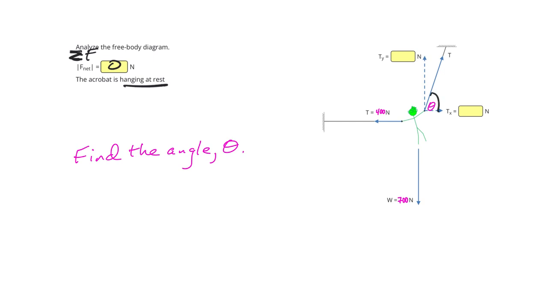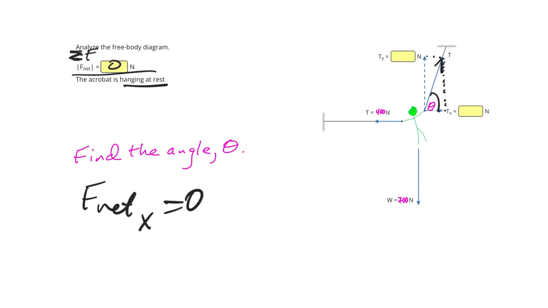Okay, well, just looking at this picture, the tension in the rope right there can be broken down into X and Y components. So, let's say if F net is 0, then F net X is 0.